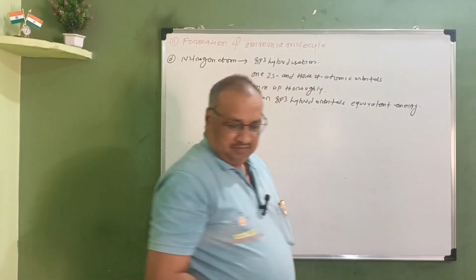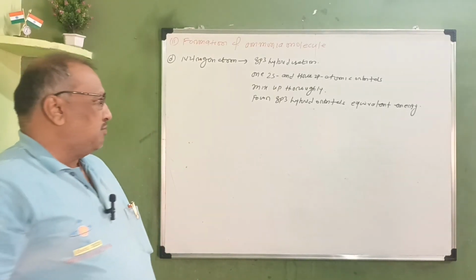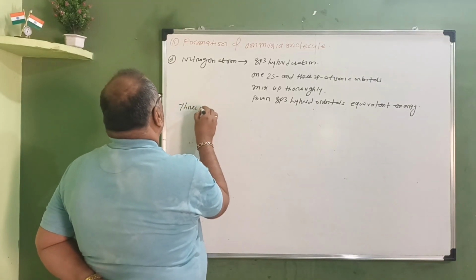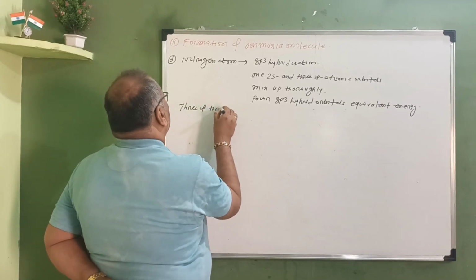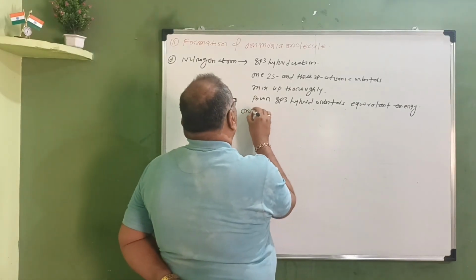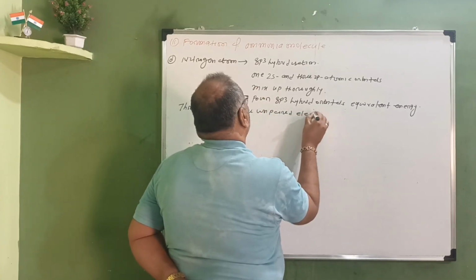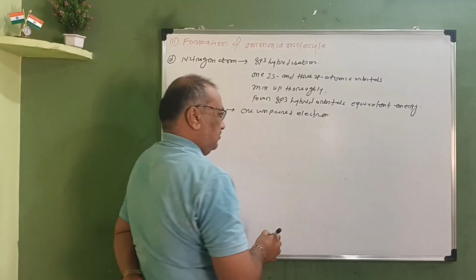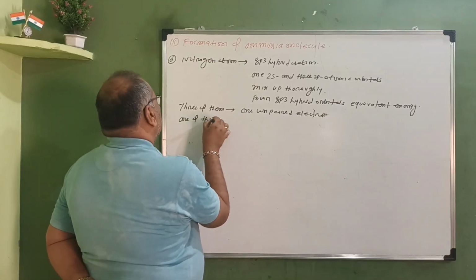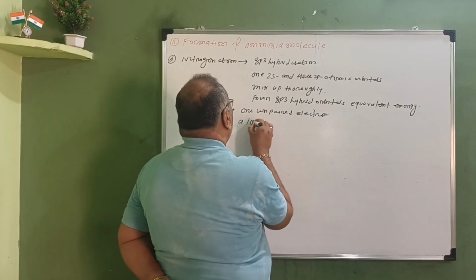Now here 4 sp3 hybrid orbitals are formed. 3 of them contain 1 unpaired electron and 1 of them contains a lone pair of electrons.